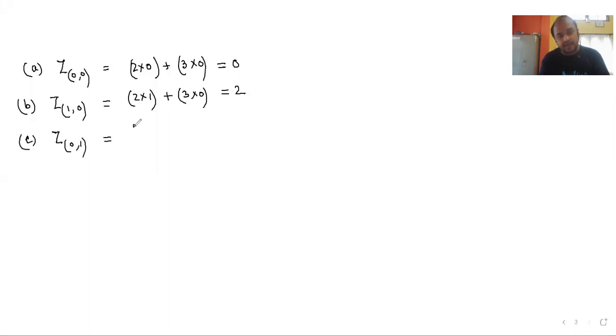So we can write it as 2 into 0 plus 3 into 1, which is equal to 3.